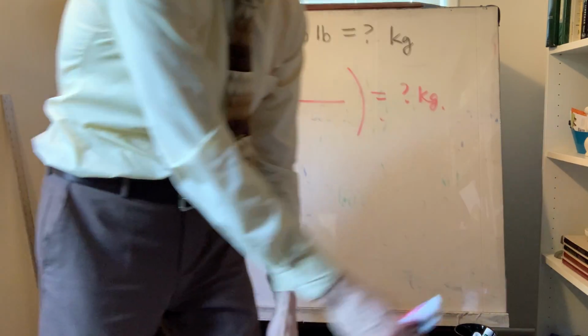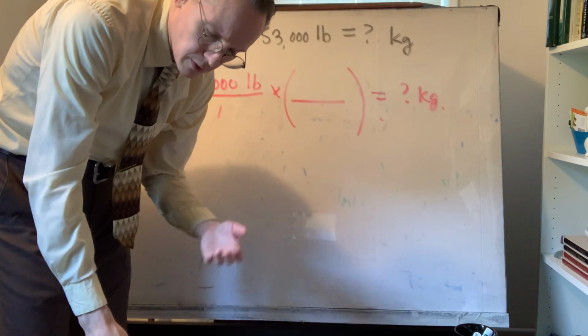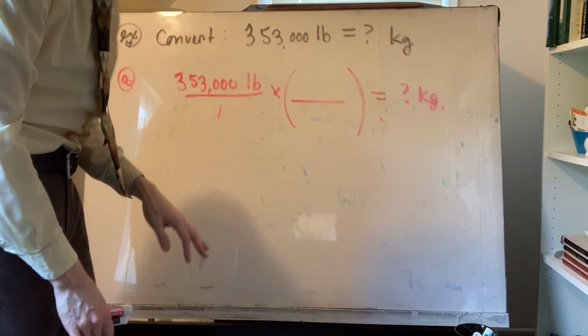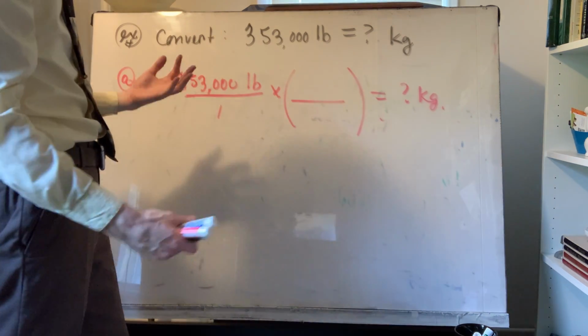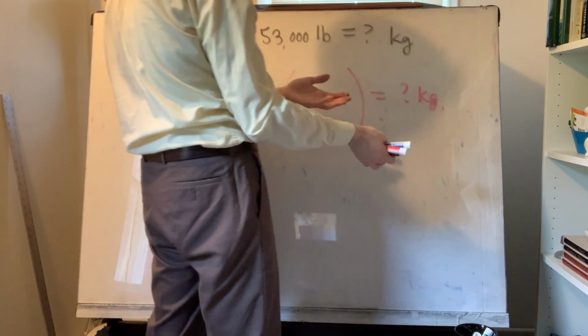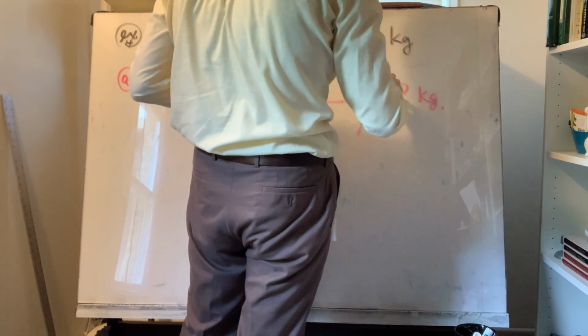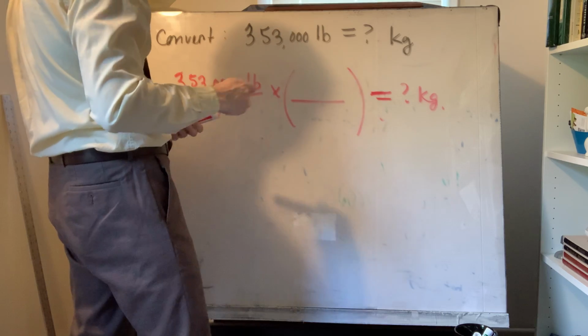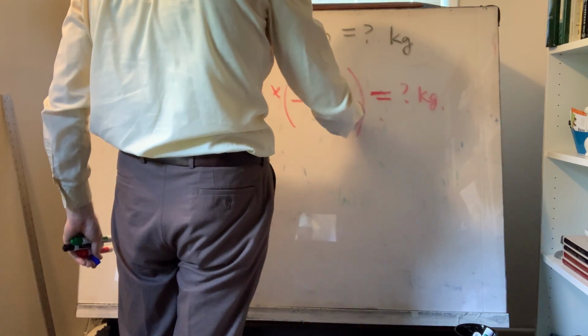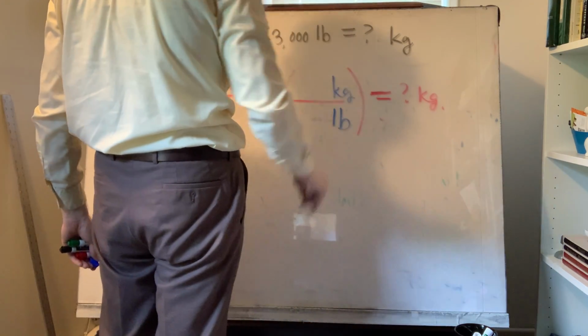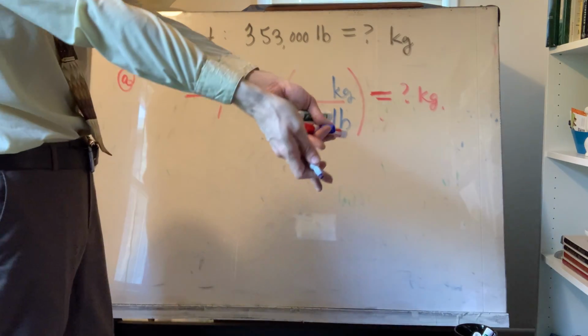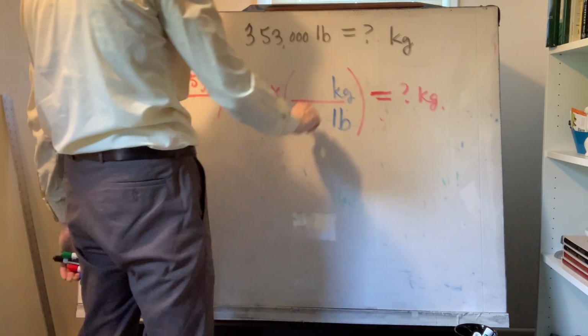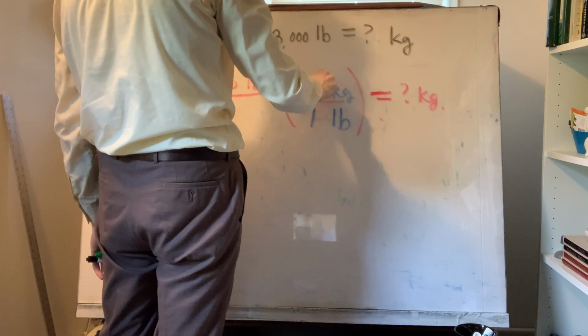I think yesterday I gave you the other orientation. 1 kilogram is about 2.2 pounds. It's true either way, but one is from the perspective of pounds and the other is from the perspective of kilograms. Anyhow, if you're going to cancel pounds, it would be appropriate to put LB down here and kg up here. And the relationship that we have established today is this: 1 pound is 0.45 kilograms.